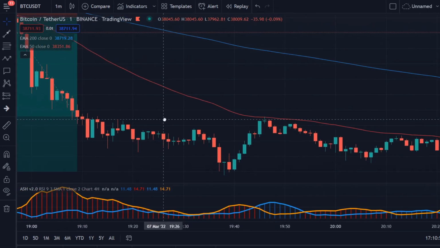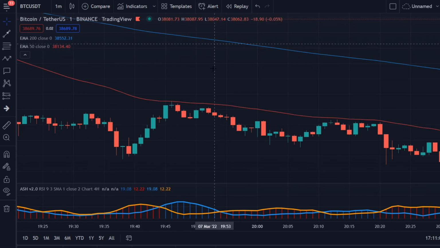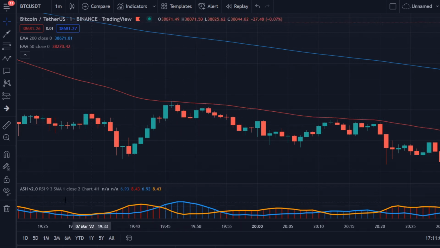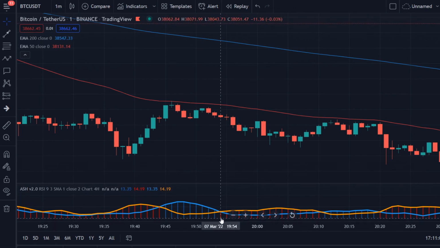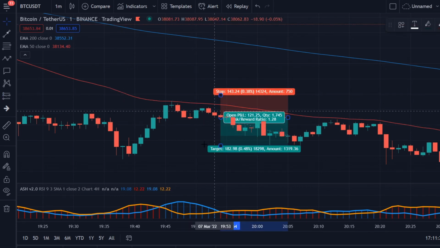And the last example over here, we see that the price is below the 200 and the 50. We drop down, we look at the absolute strength histogram. Over here we see an orange line and a blue line. Like I said, we grab the short tool, and then we place our stop loss a few pips or few points above the latest high, which is here.